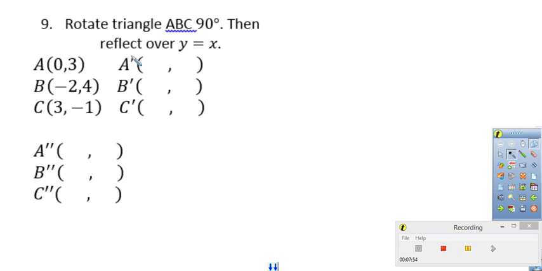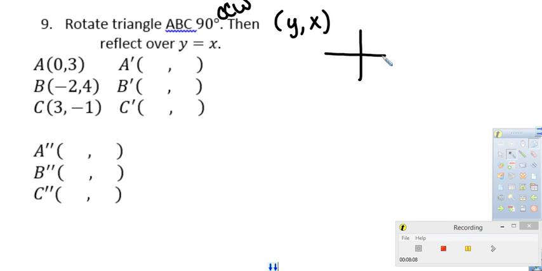Okay, a rotation of 90 degrees. Remember, if it does not say, we assume counterclockwise, which is the rule that we learned. So that rule is y, then x. I can never remember which way it goes, so if I'm rotating from here to here, the y value is still some positive y value, but I went from a positive x to a negative x, so we need to put a negative in the x spot.